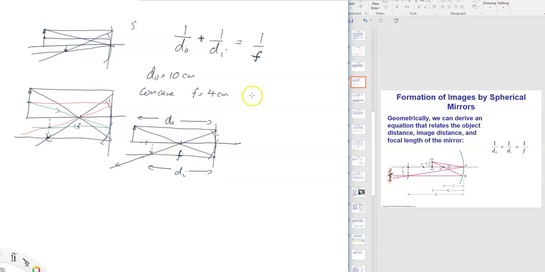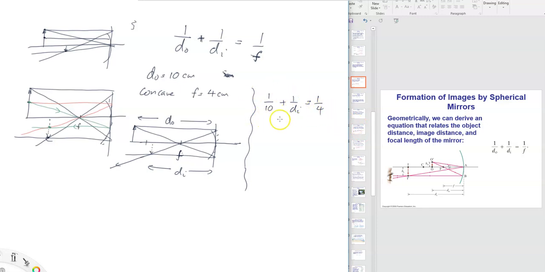Now let's see, without any of these, how to use the equation. 1/10. As long as everything's in centimeters, we don't have to convert them into meters. But if you have something like dO is 5 meters and f is 10 centimeters, you have to convert everything to meters or to centimeters. Okay, 1/10 plus 1/dI equals 1/4.